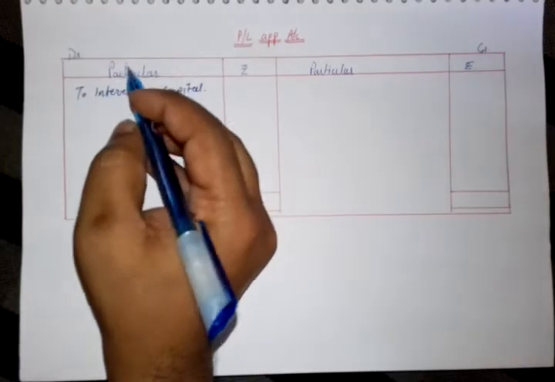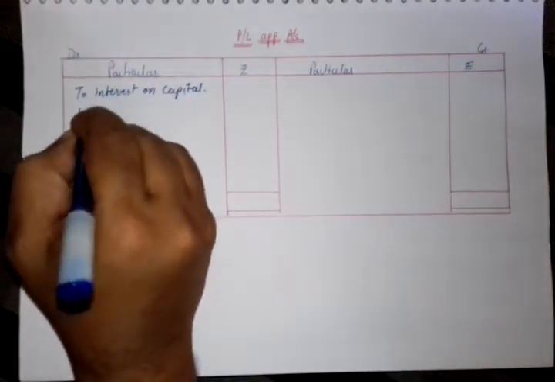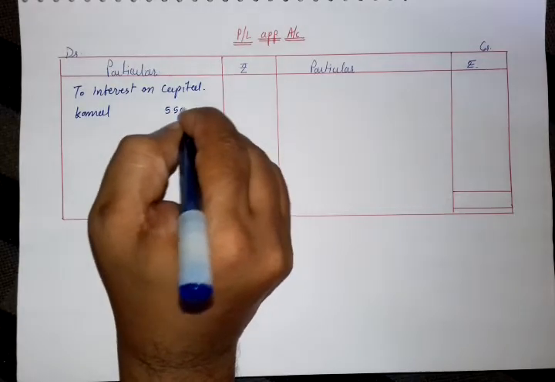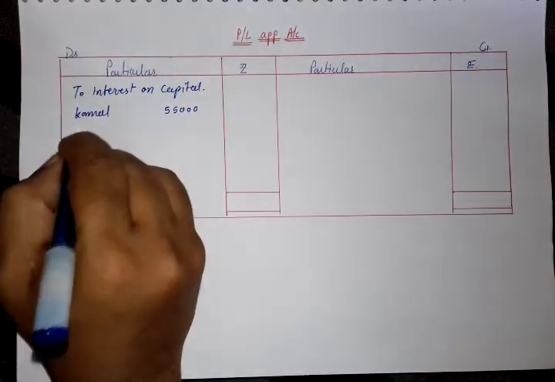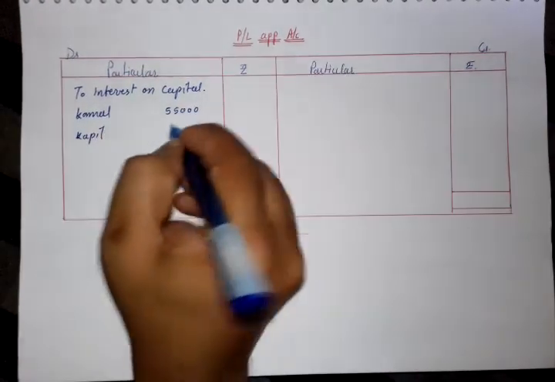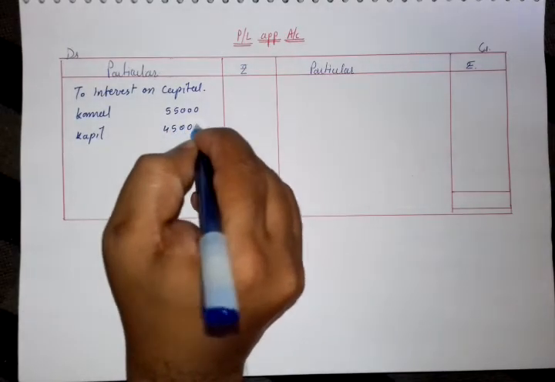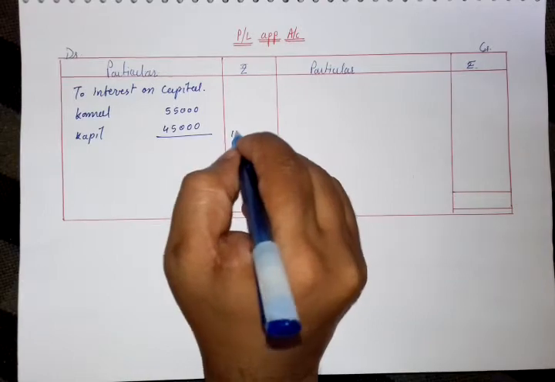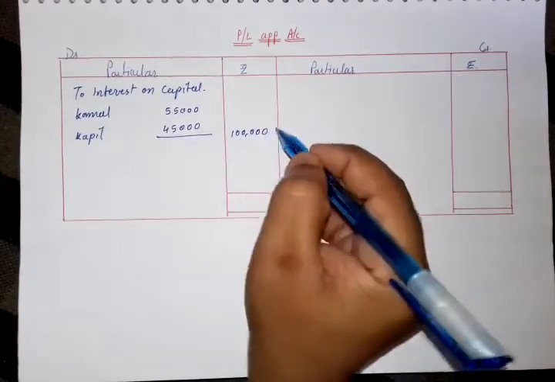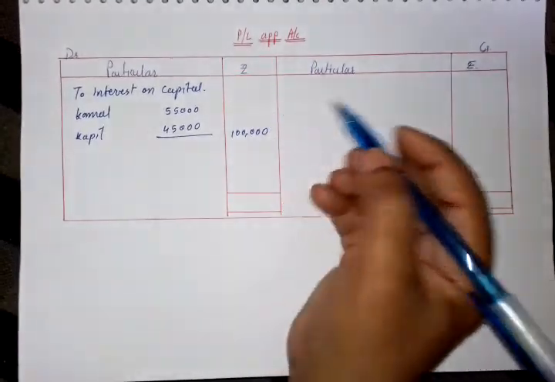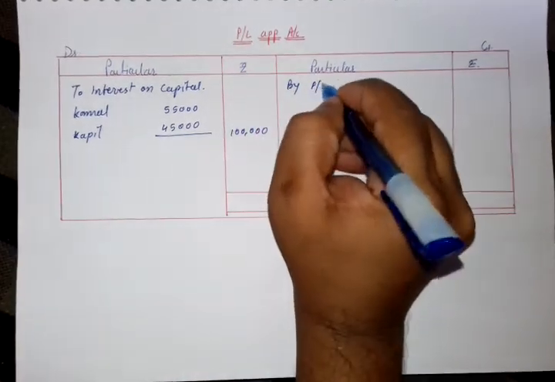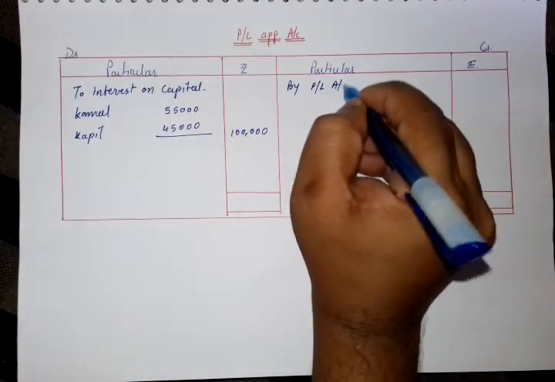how much interest we have? Kamal 55,000 and Kapil 45,000. How much is this? 1 lakh. Okay, 1 lakh. And here we are having a profit for the year by P&L account.